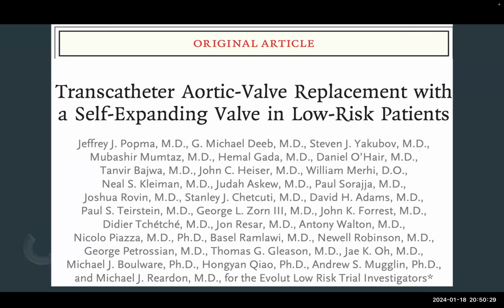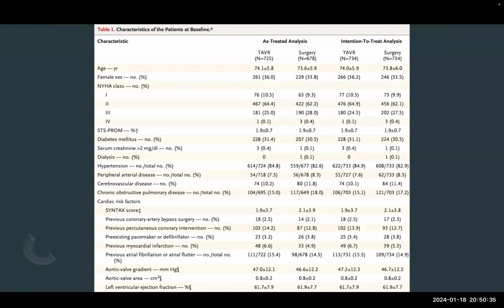And the other trial, transcatheter aortic valve replacement with a balloon-expandable valve in low-risk patients. You see the age of these patients. Here, as-treated analysis means patients who were enrolled to TAVR and underwent TAVR, compared to patients enrolled to surgery and underwent surgery. As you see here, 725, and here 678.